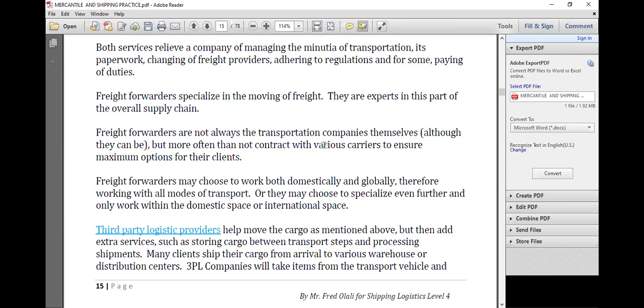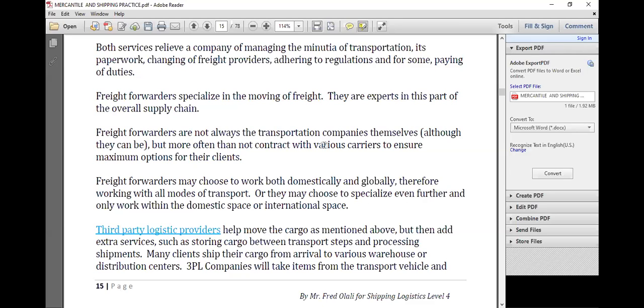So they are not always the transportation companies themselves, although they can be, but more often than not they contract with various carriers to ensure maximum options for their clients. So like we say that they can be carriers, which means that they take the cargo from you, then they go and look for these carriers to help them transport these cargoes to the final destination.